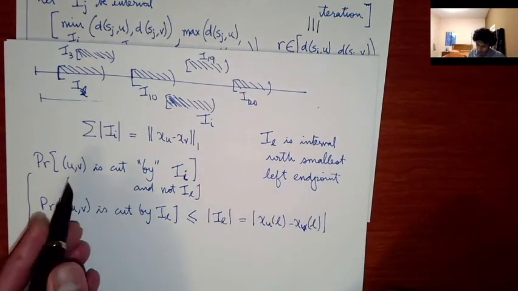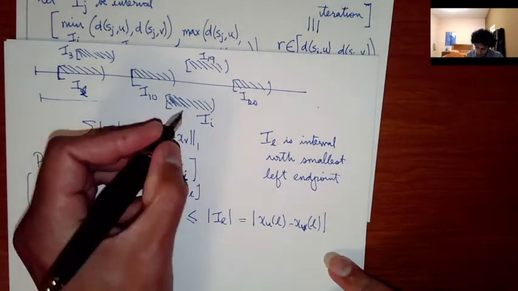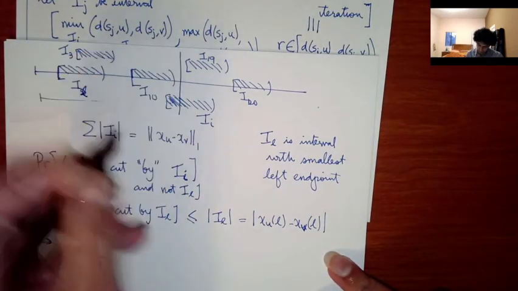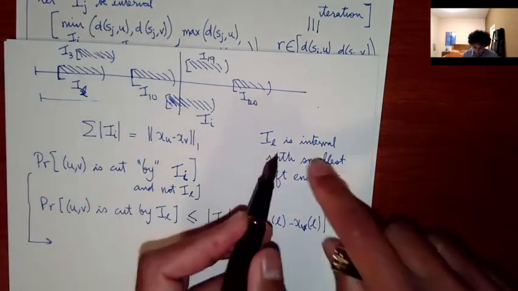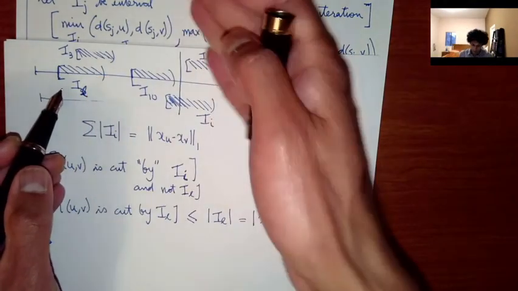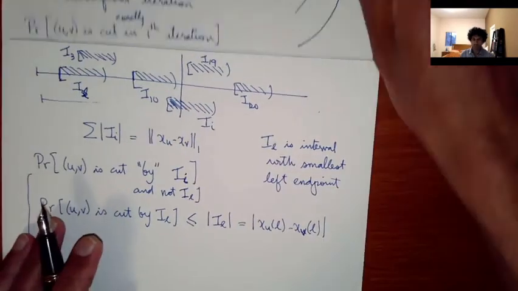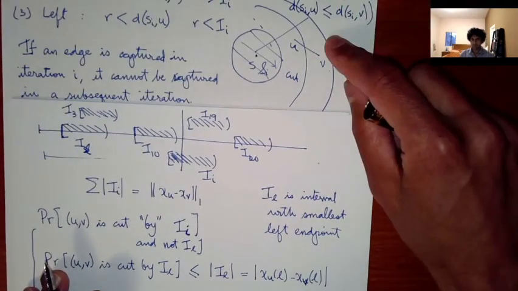Whatever is captured by I_L is no longer going to be cut. So for UV to be cut by I_i, R has to lie in here. Does that make sense?